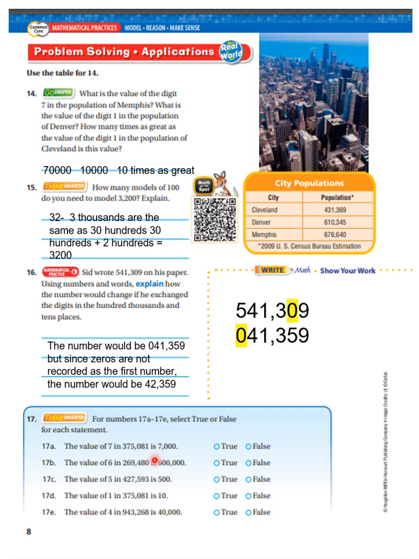That's false. It's 60,000. The value of the 5 in 427,593 is 500. That is true. The value of 1 in 375,081 is 10. That's false. The value of 4 in 943,268 is 40,000. That is true.